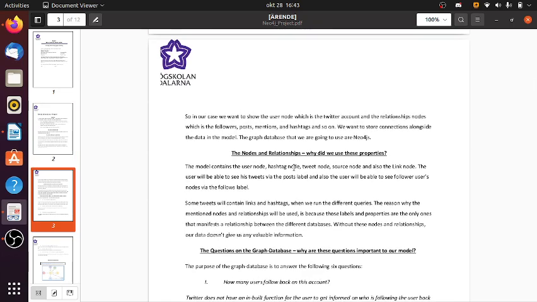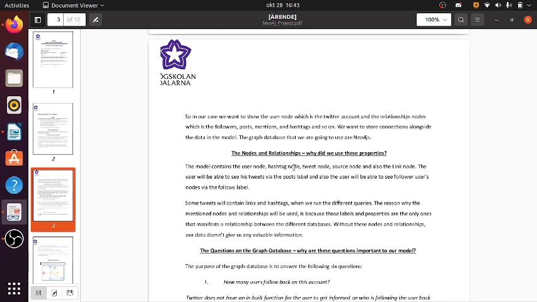And why did we use exactly those types of nodes and relationships, the hashtags, the mentions, and so on? Because the labels and the properties are the only ones that manifest a relationship between the different databases.